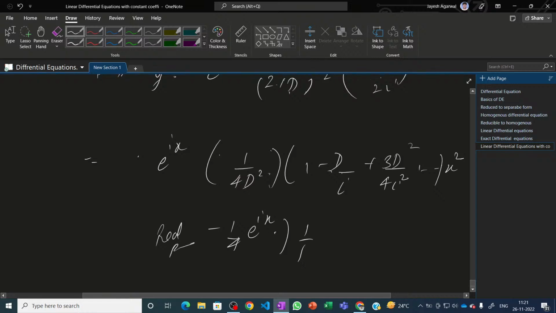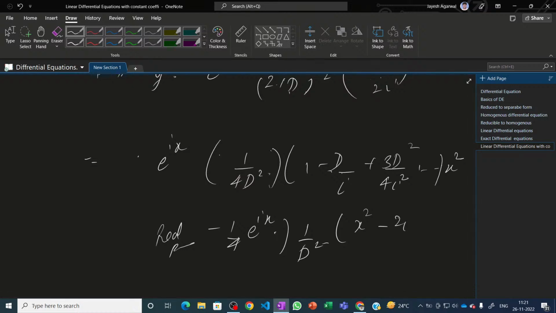of 1 upon D square, and now multiplying the inner part x square. Differentiation of x square is 2x, divided by iota, so 2 iota x minus 3 by 2. D square of x square is 2, and 3 by 4 iota square is also minus 1, so this would be minus.